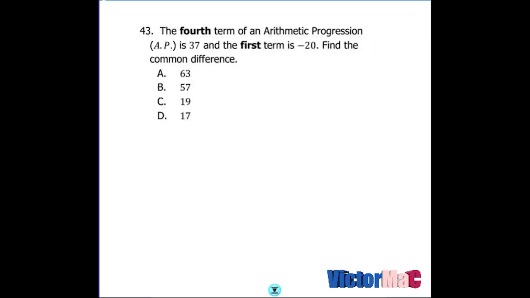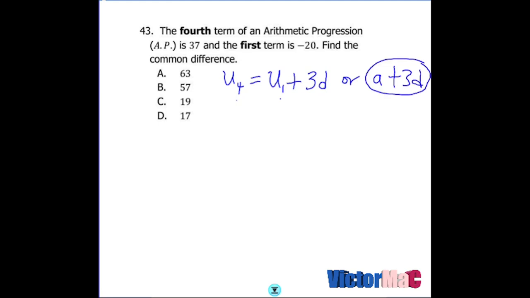Number 43, this is a question on arithmetic progression, or call it arithmetic sequence. We're given the fourth term, and by the formula for AP, this is the first term plus 4 minus 1 times D. 4 minus 1 is 3 times the common difference. Sometimes we use A for the first term, so it can be written another way.